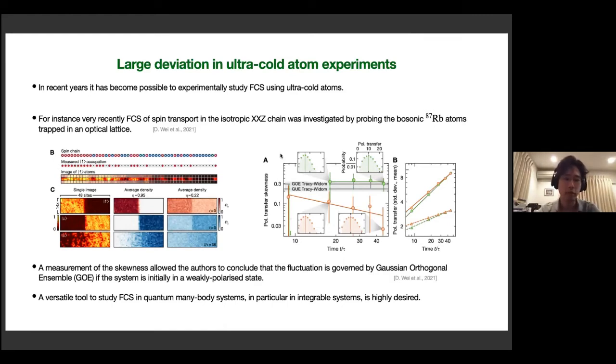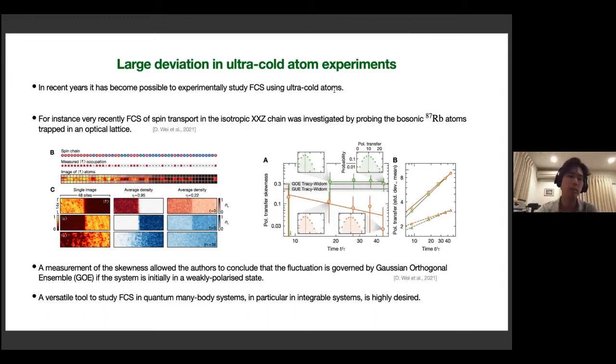For example, in this very recent experiment, I think Joel and Mao were briefly mentioning this as well. In this experiment, what they did is to study full counting statistics of spin transport in the isotropic spin chain by loading some bosonic rubidium atoms in a 2D optical lattice.